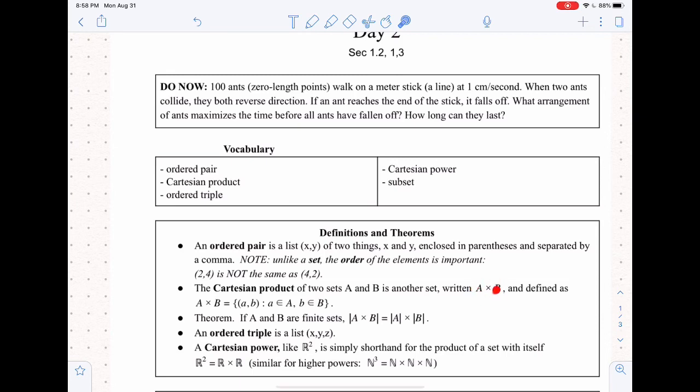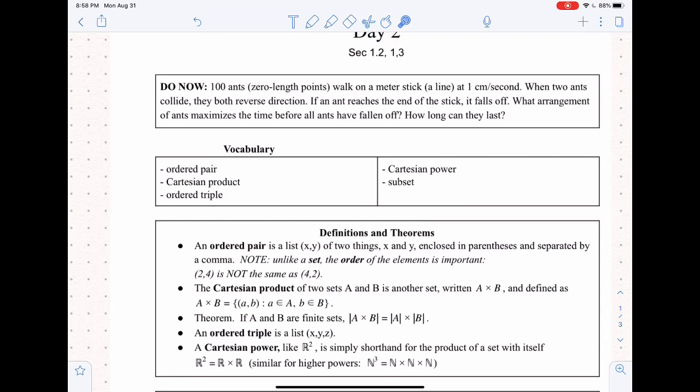It's different than the sets A and B were to begin with. And this new set is defined as follows. A times B, what is it equal to? Well, it's a set, so those curly brackets say that it's a set. And inside we have set builder notation. On the right-hand side are conditions on various things, and then this is what you do to those things in order to put an element into the set.